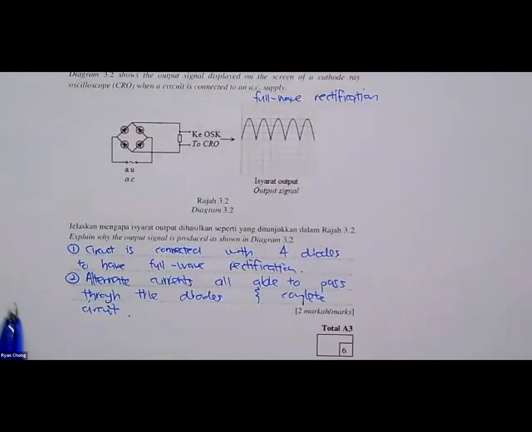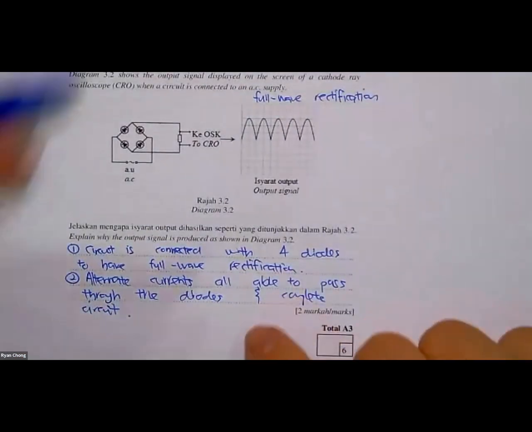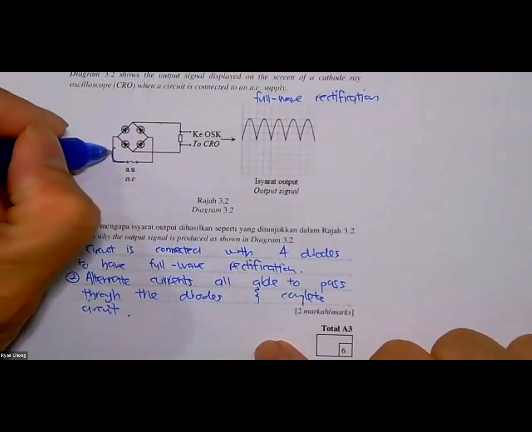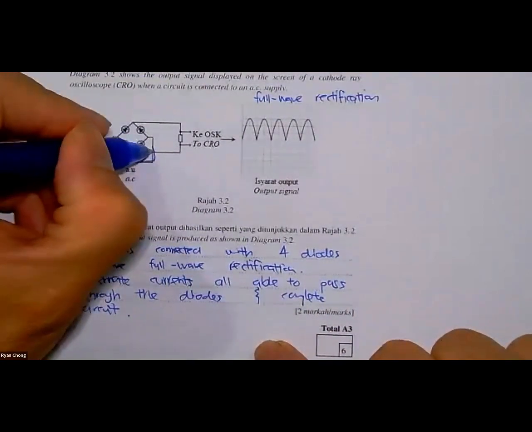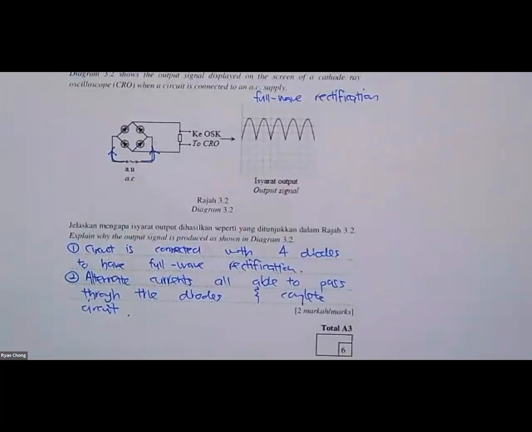Because actually your AC, they can be flow in 2 ways. So AC, either you can flow in clockwise or anti-clockwise. So because both ways also can allow the current flow, that's why you will have full wave rectifications.